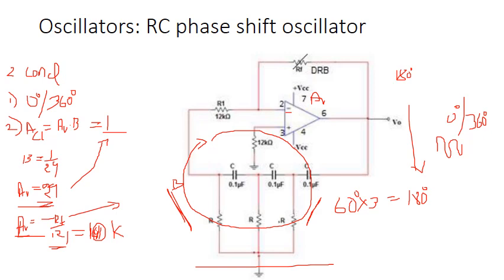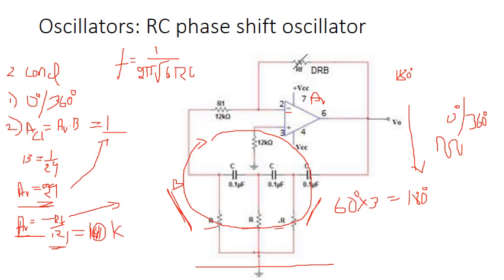The frequency of oscillation F in this particular circuit is 1 upon 2 pi square root of 6 RC. This R is these three R values.